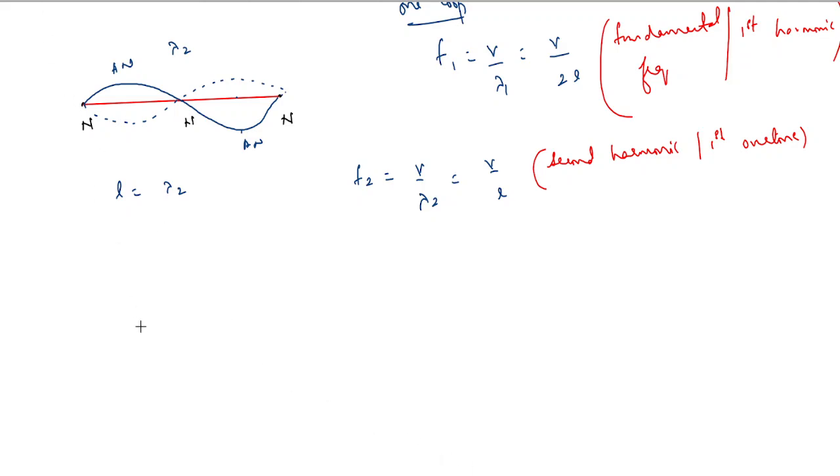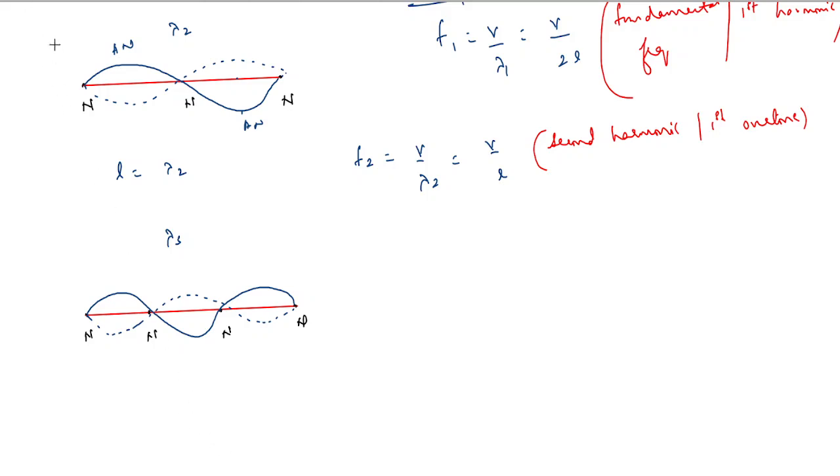We'll take a third case where we have three loops. So this would be a node, this would be a node, and somewhere here we get a node, and also somewhere we get a node. Here we get three loops, and let the wavelength be lambda 3. In this case, the length of this string is L. Keep in mind that in all the cases, the length of the string remains the same, which is L only.